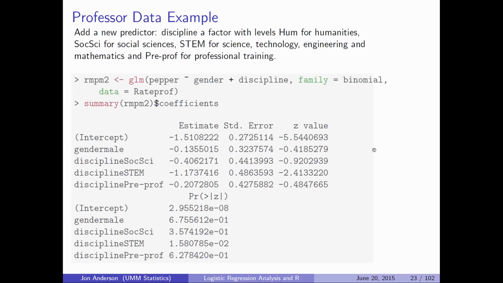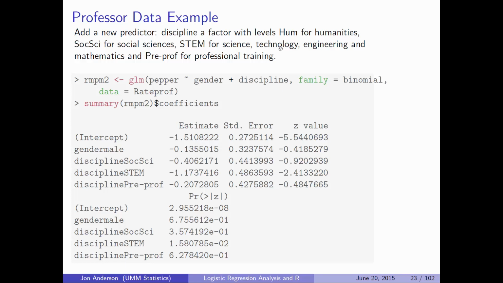Here is such an example with 2 predictors. We've got our pepper rating for faculty again. Remember, pepper equals yes, or 1, means the student thought the faculty member was attractive. That's the response. And the predictors are the gender of the faculty member and the area, the subject area where the instructor teaches.